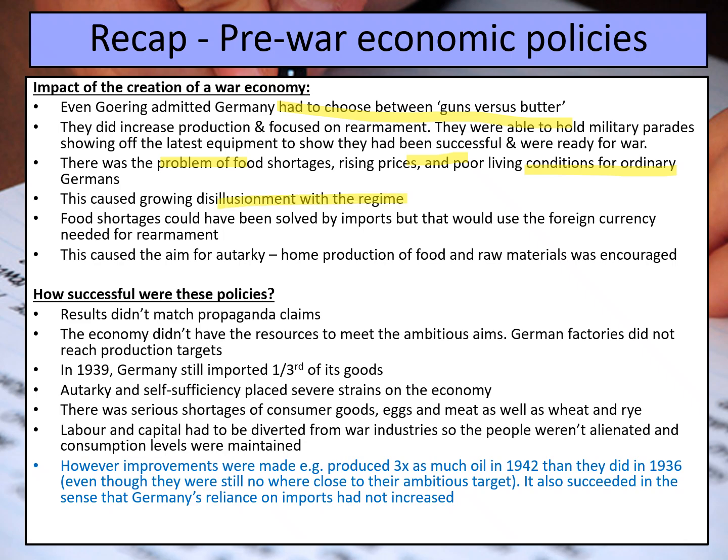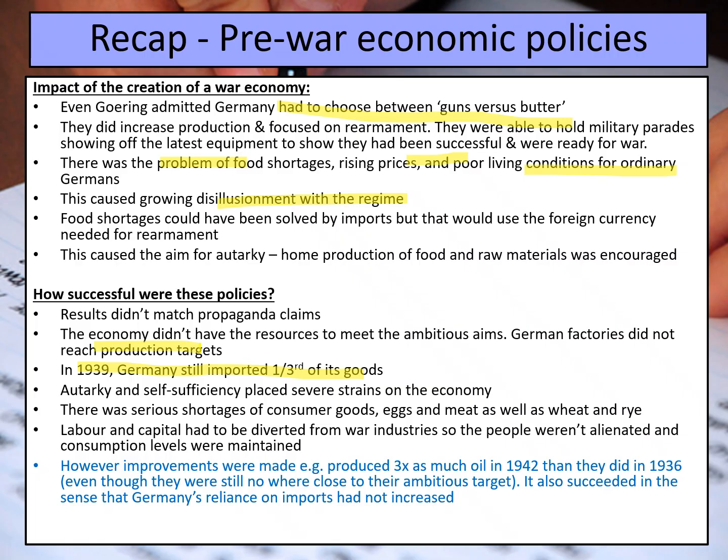Now, in terms of the success of these policies, they'd wanted to make themselves completely self-sufficient by 1940, and they did manage to make some strides when it came to the economy. However, they did not reach their very ambitious production targets, and for instance, Germany was still importing a third of its goods by 1939.